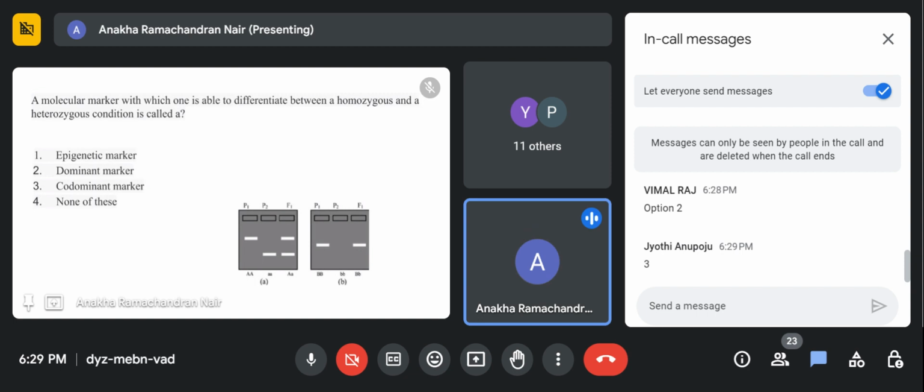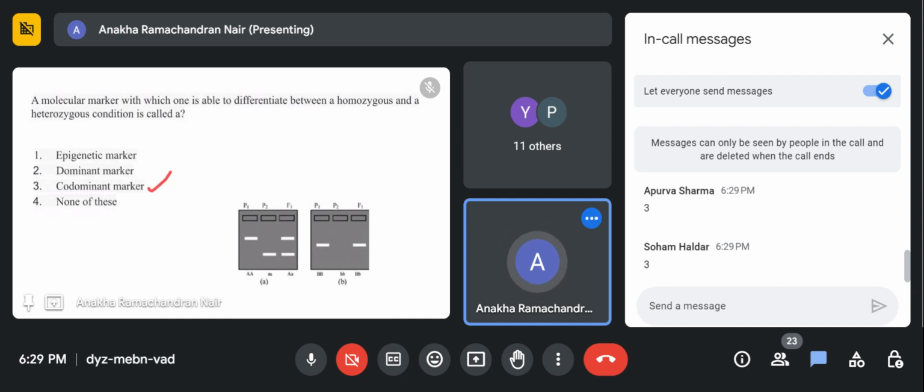Any other answer that you think is correct? Alright. So the consensus is option number three, right? A codominant marker. So yes, that is the correct answer.